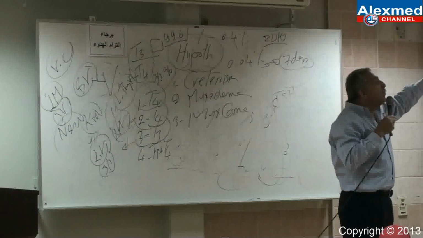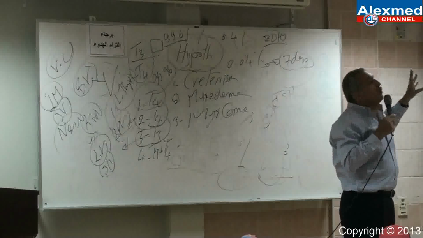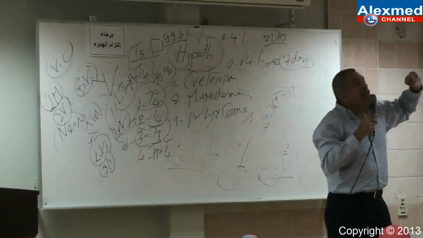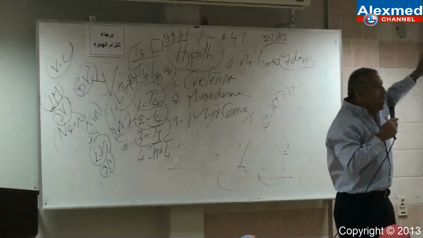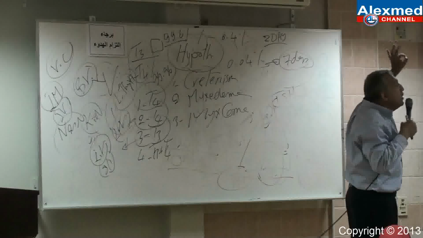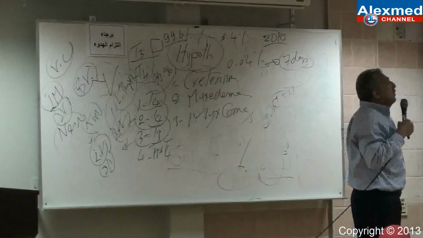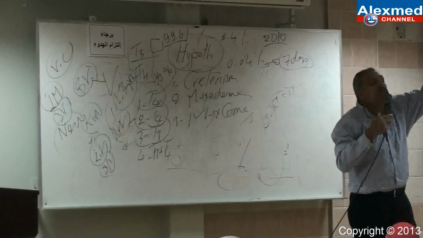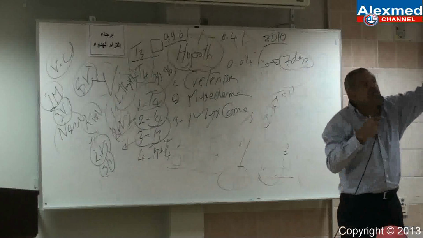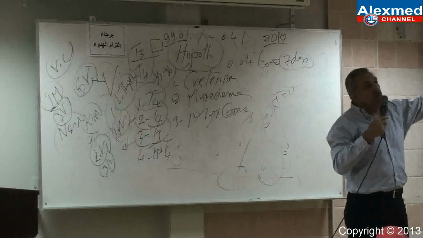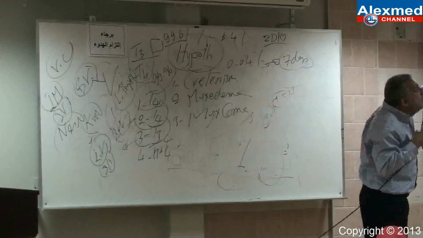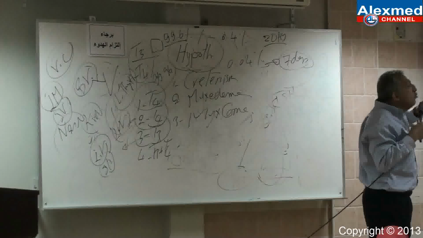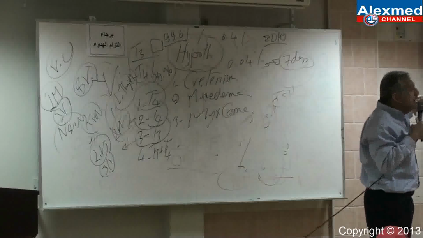Why? Absorption. If you compare the absorption, the absorption of T3 is 95%. The absorption of T4 is 65%. So we can depend on T3 as a stomach tube to be absorbed from the stomach, from the GIT.